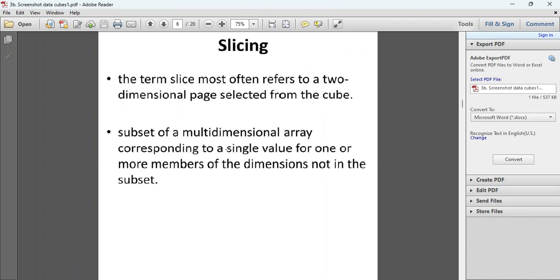You know the meaning of slicing in English. Here, slicing is nothing but taking a two-dimensional page selected from the cube. Slicing takes only two dimensions. It is a subset of a multi-dimensional array corresponding to a single value for one or more members of the dimensions not in the subset.